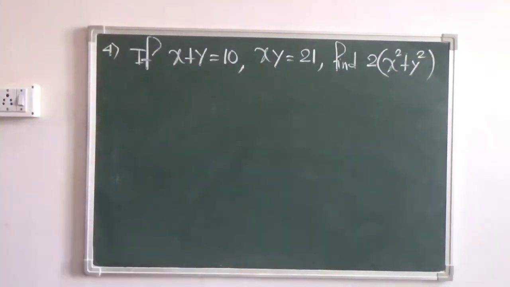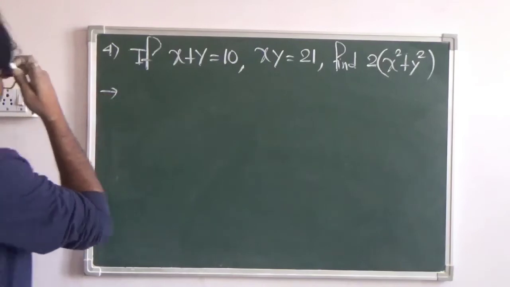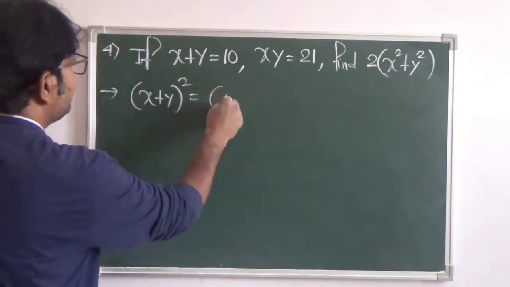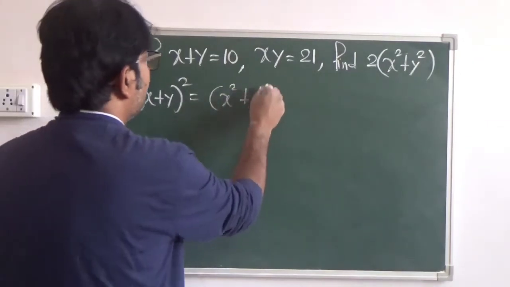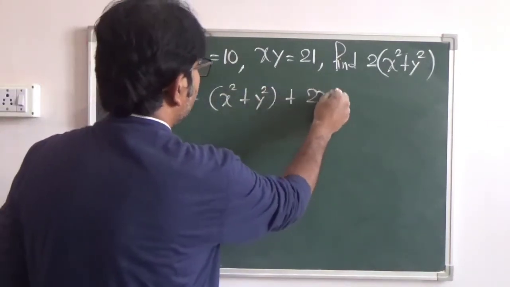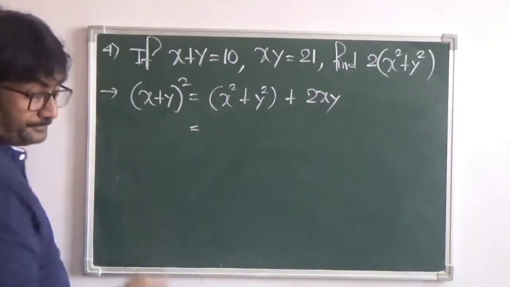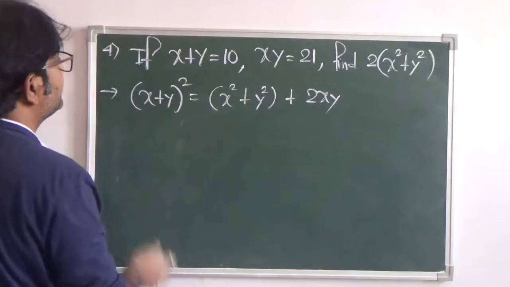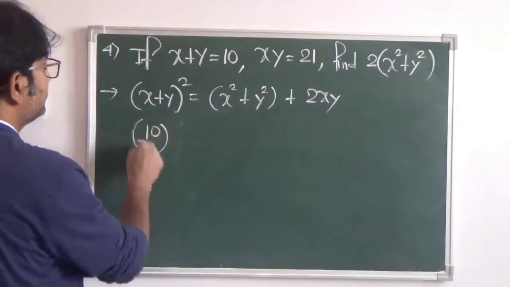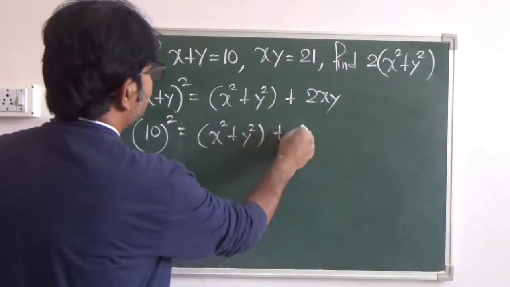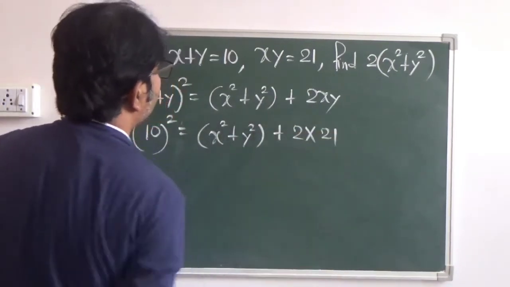So simple, again we need to find x plus y whole square. We write it, that is x square plus y square plus 2xy. So this is equal to, okay, let us write this. This is 10 square equals x square plus y square plus 2 into 21.